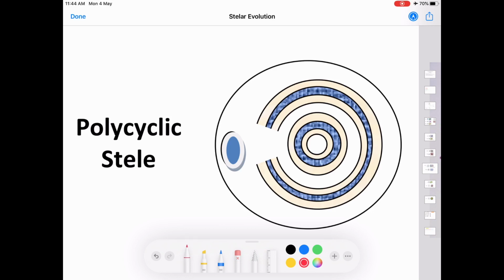If the outer ring is made of different meristeles along with the numerous overlapping leaf gaps and leaf traces, this type of polycyclic stele is known as polycyclic Dictyostele.